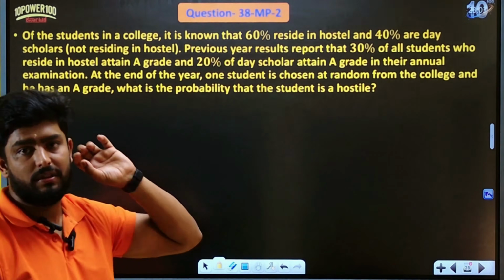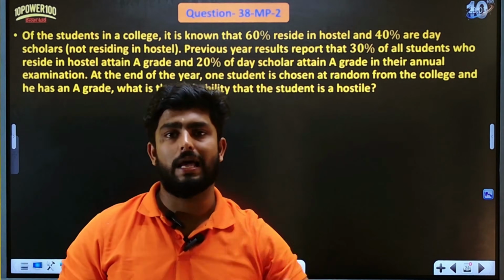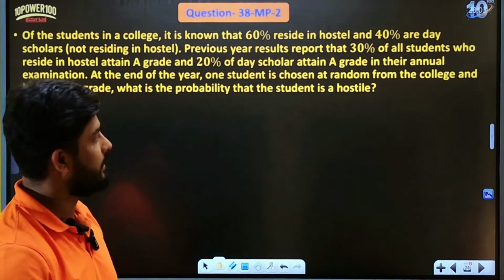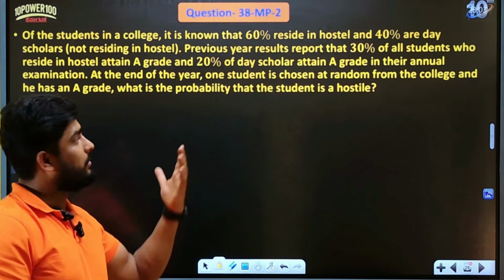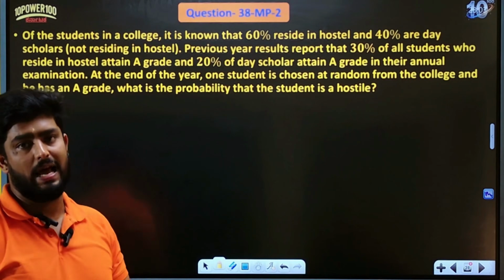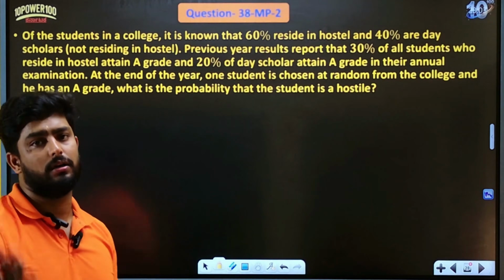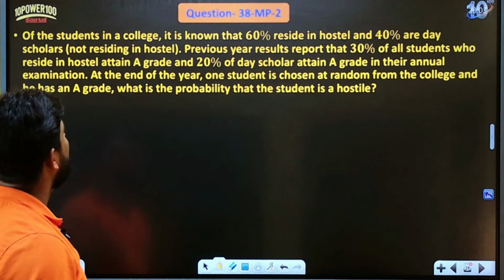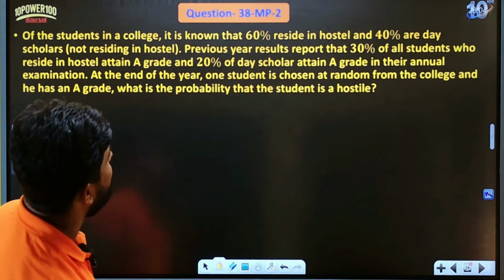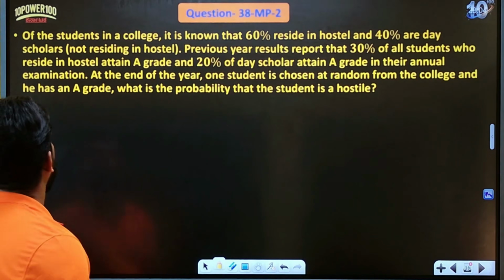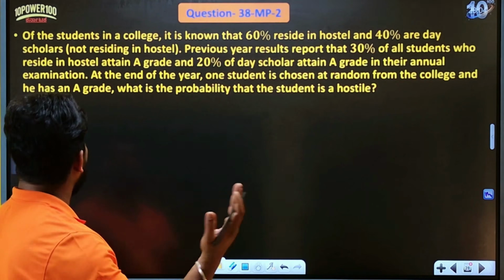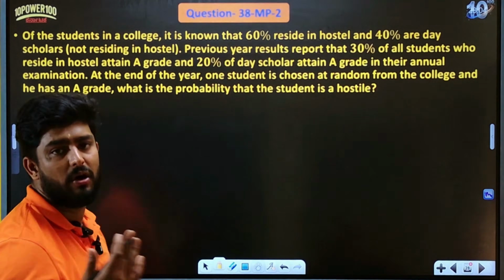At the end of the year, one student is chosen at random from the college, and he has grade A. What is the probability that he is from hostel?